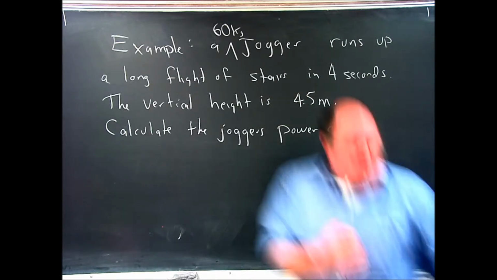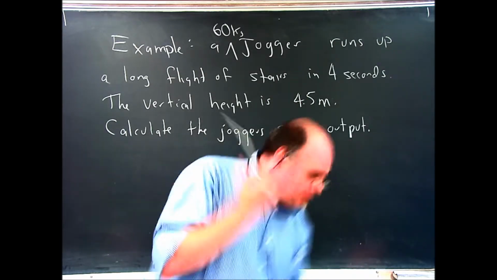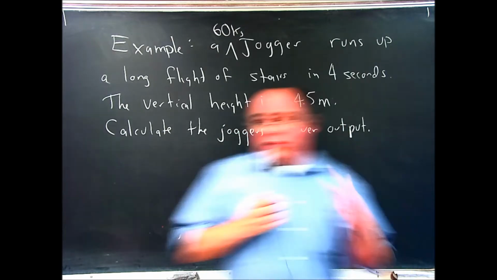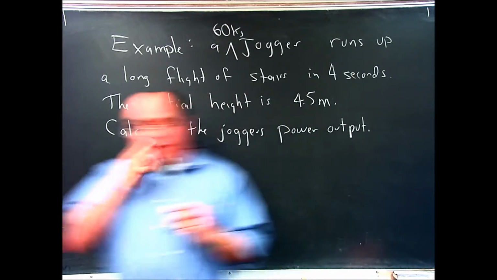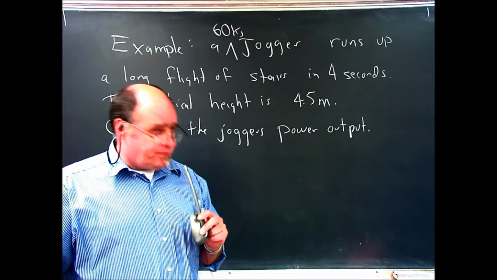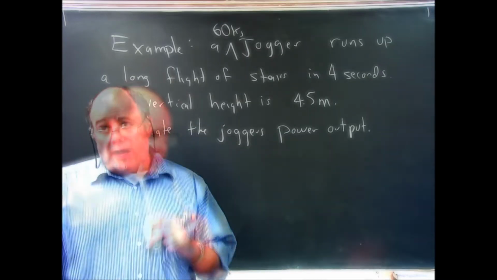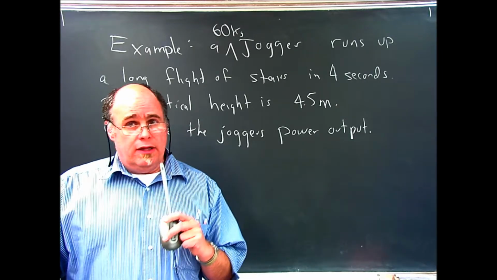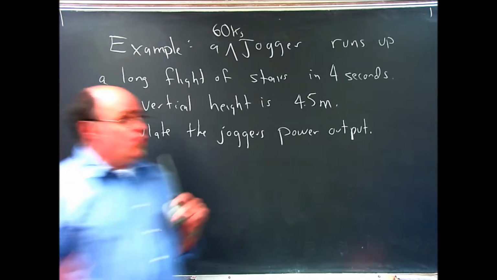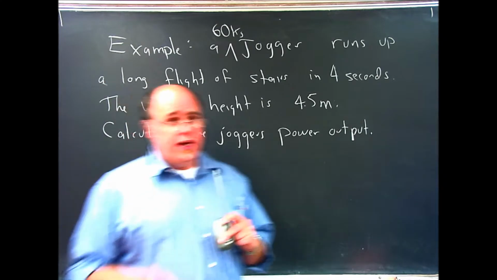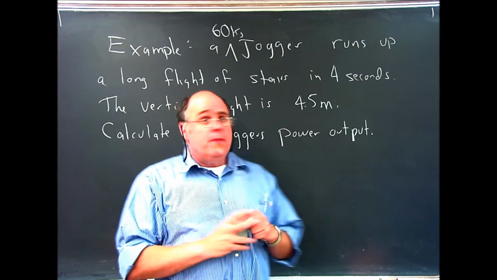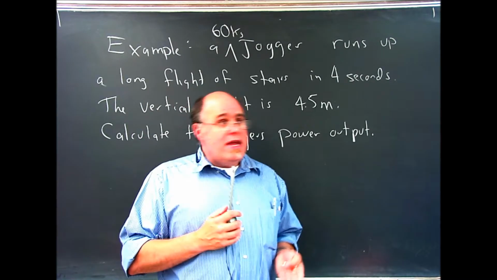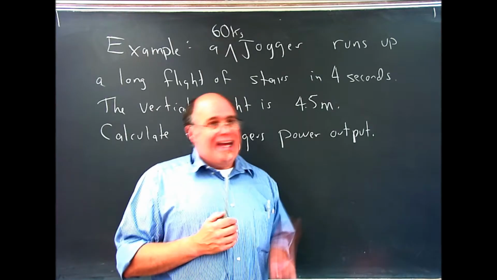Okay, so there's many different ways this one can be done. But we're going to use one of those formulas that we talked about. So which one should be the work done divided by the time? So what type of work is this person doing when they're running up the stairs? Well, they're running up and they're working against gravity.